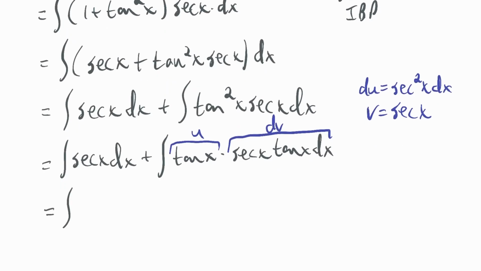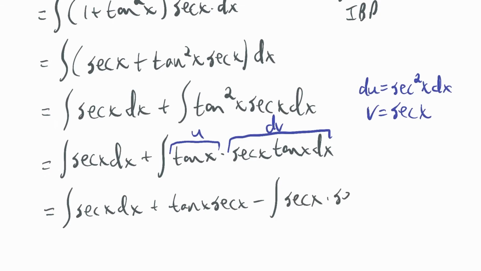So this equals the integral of secant x dx plus, well, u times v, so tangent x secant x, minus the integral of v du, so secant x times secant squared x dx.